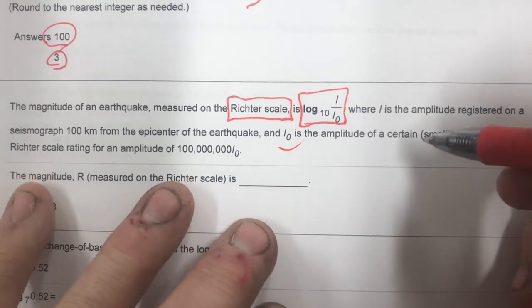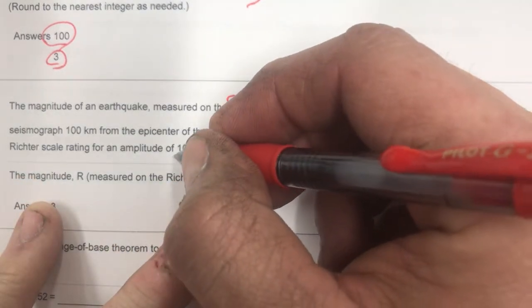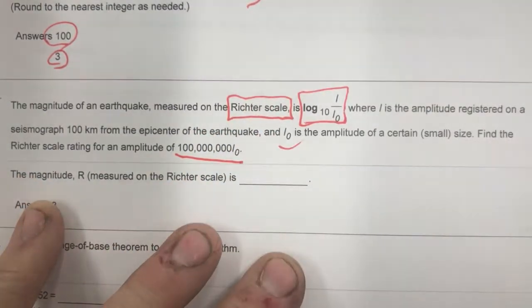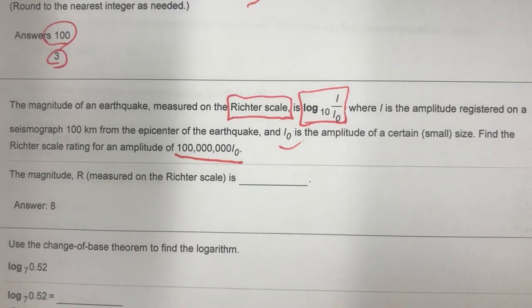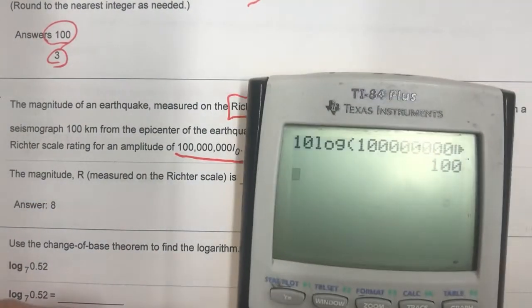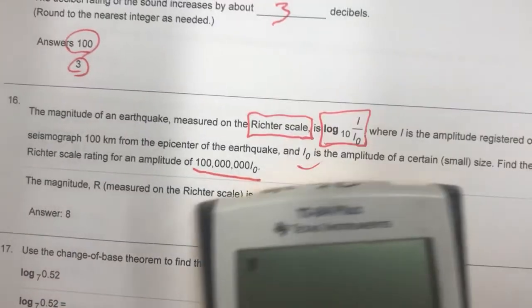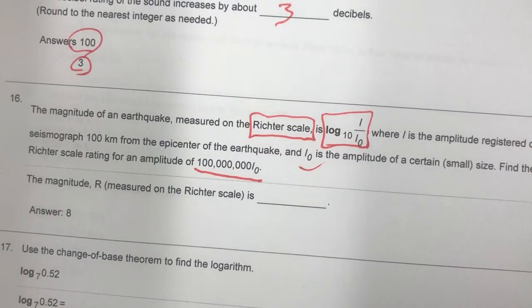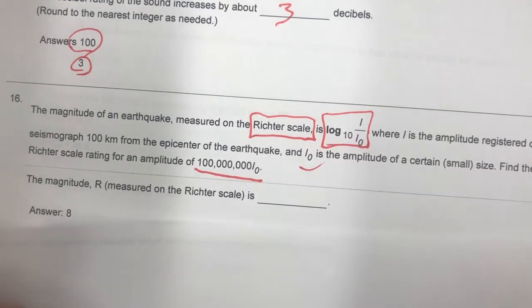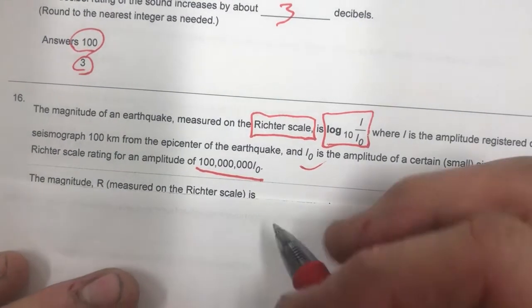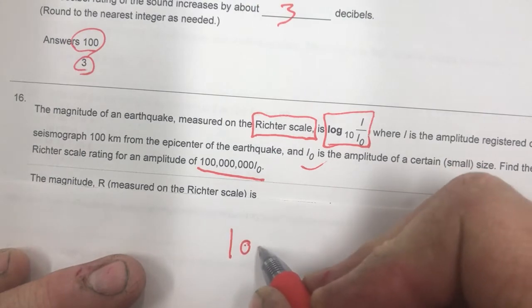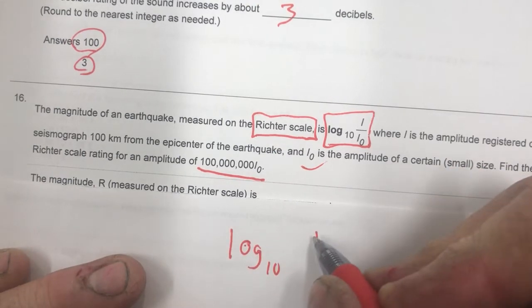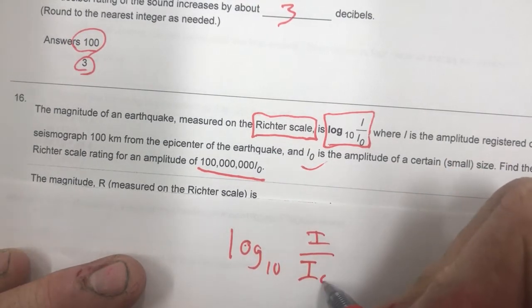Find the Richter scale rating for amplitude of this is 100 million times the original. So here's my Richter scale, log base 10 of I over I sub 0.